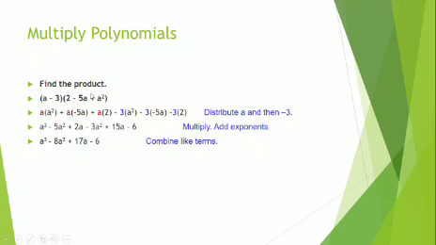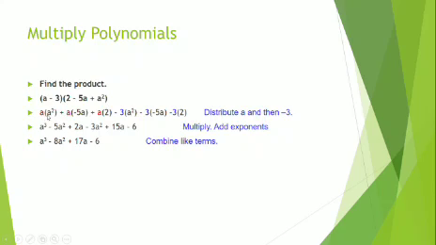Negative 3 multiplied by a squared, and negative 3 multiplied by negative 5a, and negative 3 multiplied by 2. So you multiply each term with each term in the second one. So we start. Now we are multiplying.